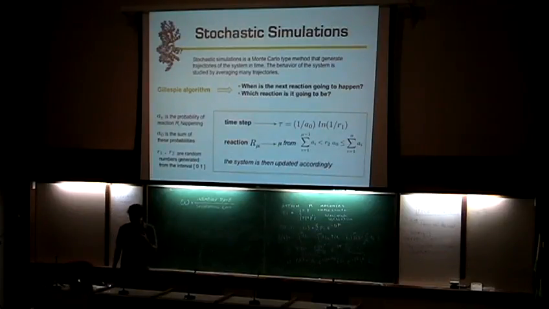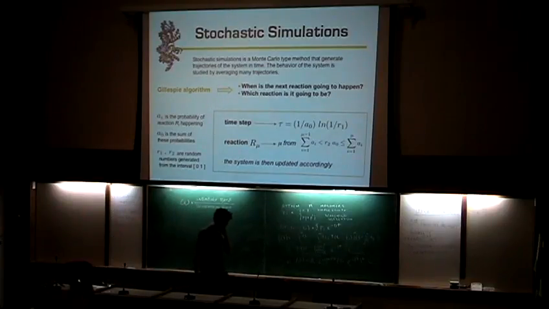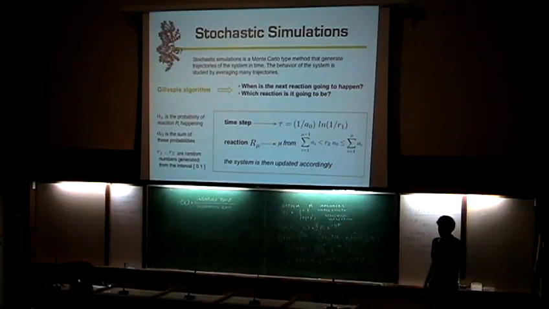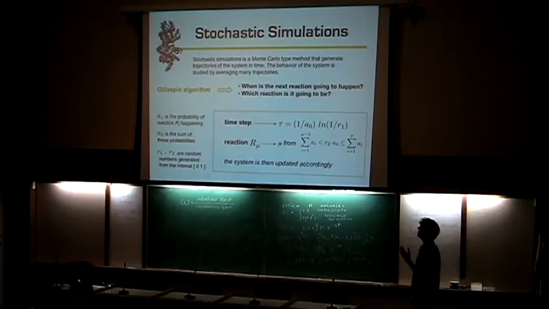Now I'm just going to talk a little bit about the kind of simulations that you do. Most of the simulation in this area uses what's called the Gillespie algorithm. The basis of the simulation is the following.